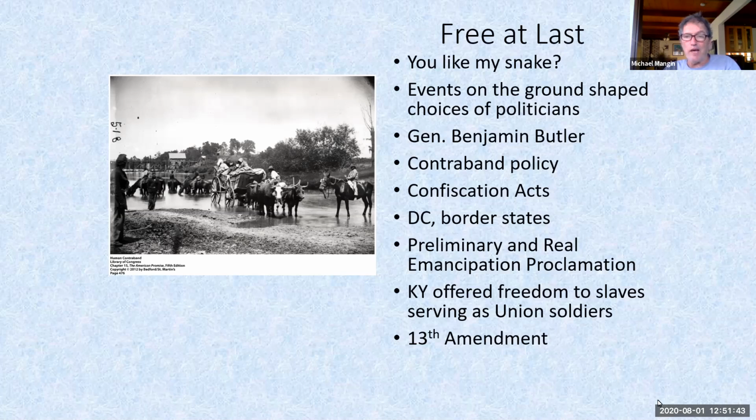So 3 months passed after the preliminary Emancipation Proclamation, and the real one went into effect. And when it did, it had no mention of colonization. Lincoln had given up on that finally as a solution.